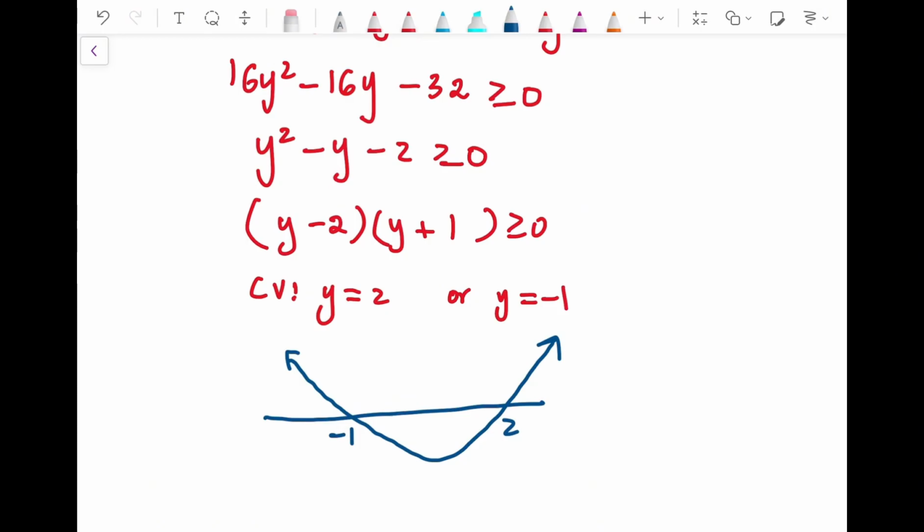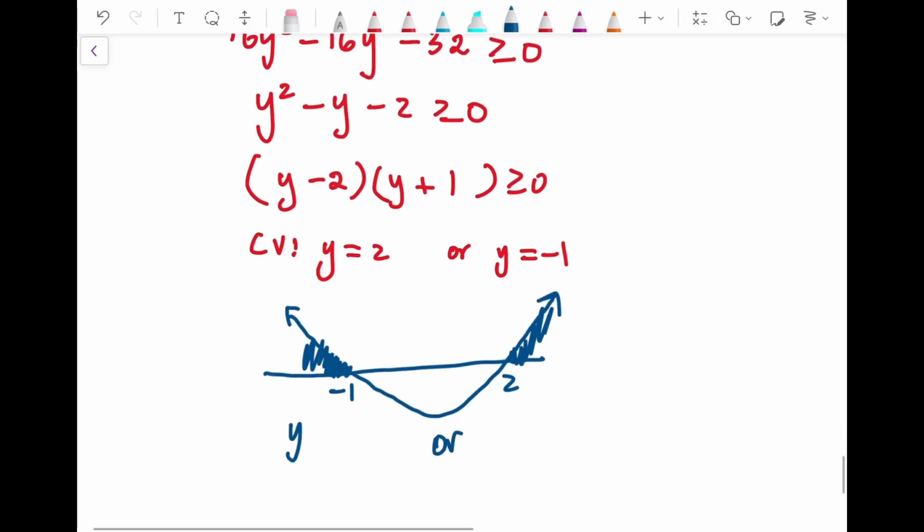Greater or equal to 0 means above. So here is my above. Separate regions, the answer will have an "or". So we have y is less or equal to minus 1, or y is greater or equal to 2. So that is the range of this function. Y is less or equal to minus 1, or y is greater or equal to 2.